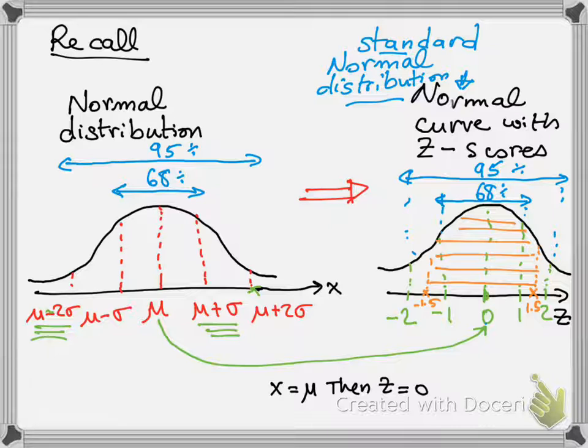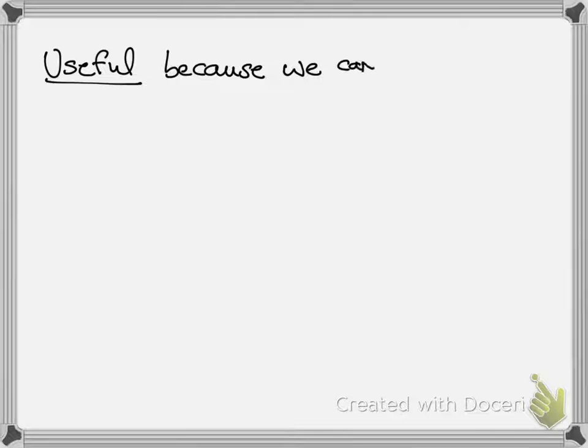So the thing is, with the z-score, we can find the area under the curve for any number z. This is so useful because we can find the area, or the probability. Again, the area represents a probability, right?